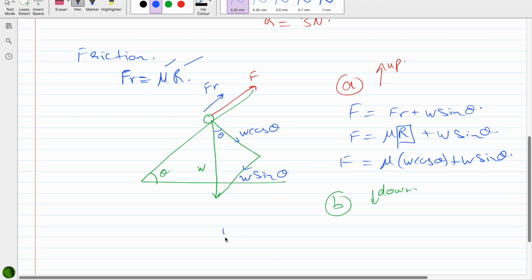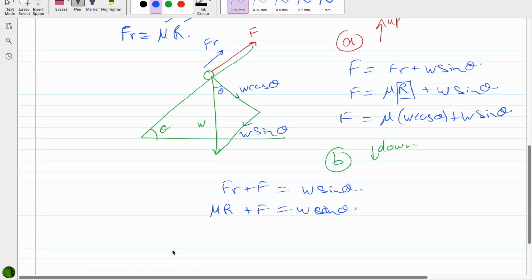So now we can say that friction plus the upward pulling force is equal to W sin theta, which is the component of weight that is acting downwards. So whatever is unknown, according to the given data, mu R plus the pulling force equals W sin theta, and we keep on replacing and plugging in. Mu W cos theta plus F is equal to W sin theta.